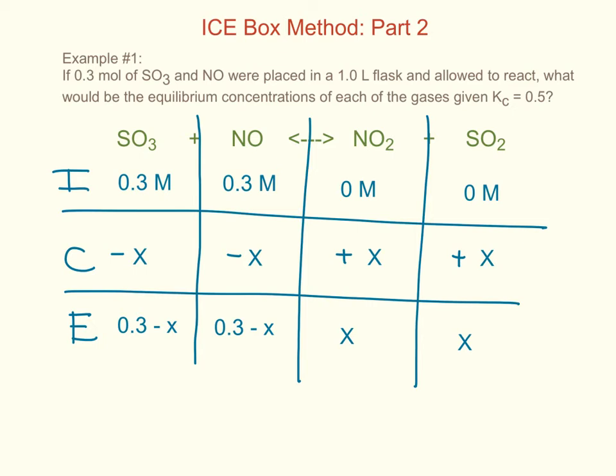But the question still wants us to find the equilibrium concentrations of each of the gases. What they gave us for this example that they didn't give us in examples in the first video is the equilibrium constant, the Kc. So let's take a look at how we can use these equilibrium concentrations, even though I haven't solved for anything, and plug them into my KEQ equation to actually solve for x and therefore solve for those equilibrium concentrations.